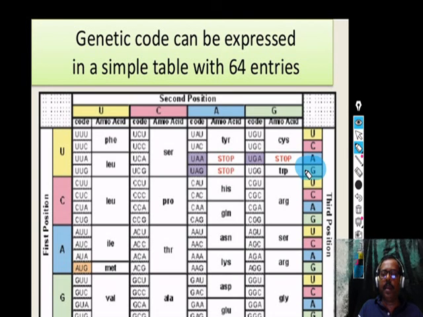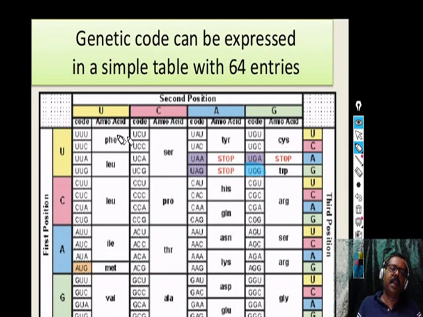Tryptophan is also coded by a single codon, which is UGG. Now there are stop codons. There are 3 stop codons. The sequences are UAA, UAG and UGA, and based on these codons the protein synthesis will get stopped.